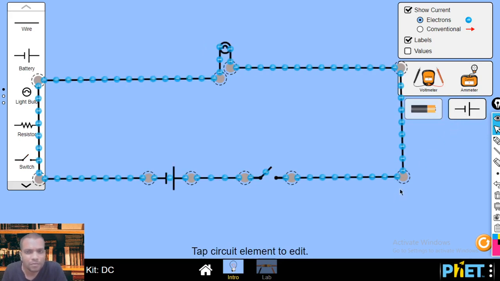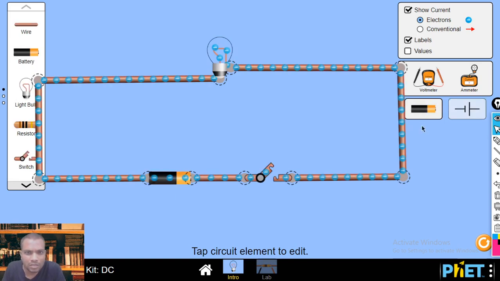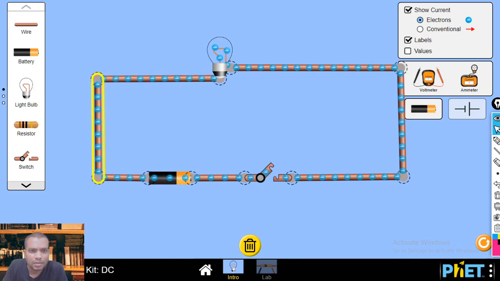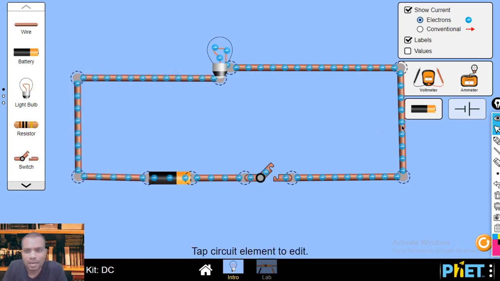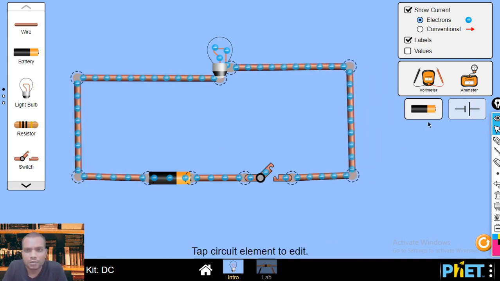Suppose here I am having options. Here you can see the entire shape and the components are changed right now. If I switch to the original components, the cell looks exactly like what we see, and similarly the connecting wires, switch and bulb.